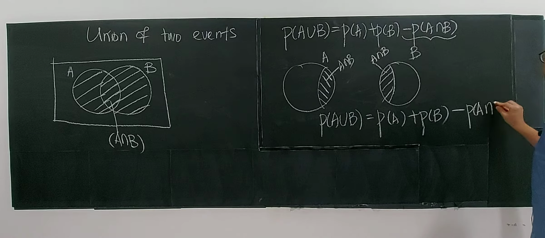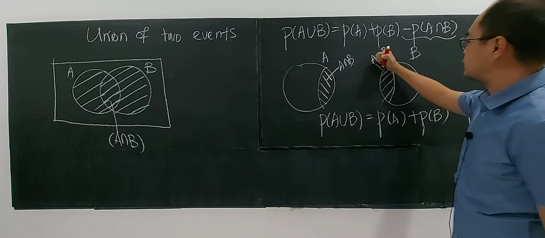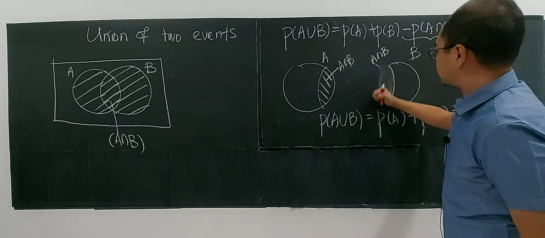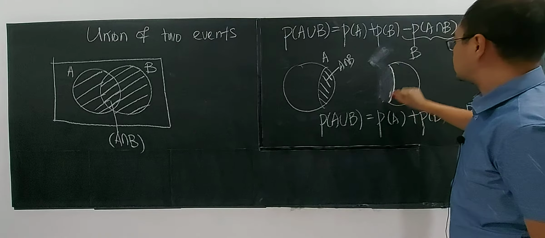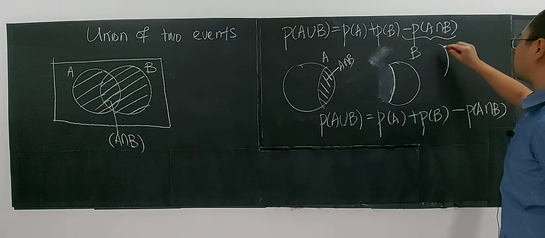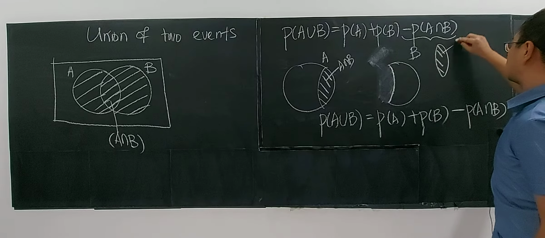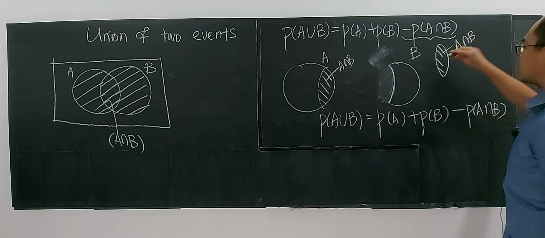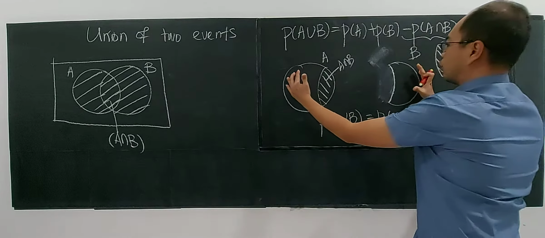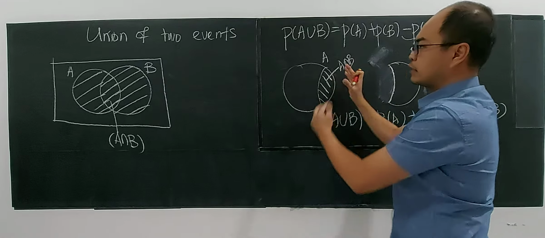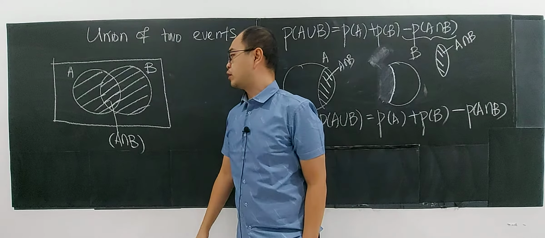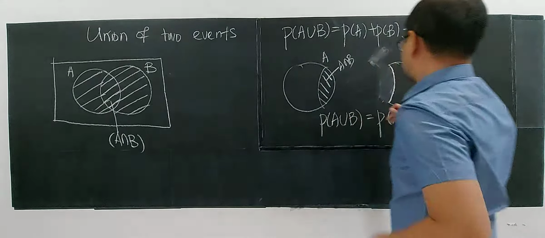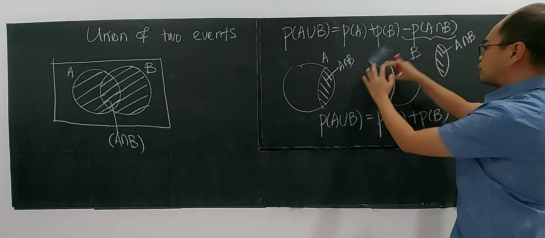When you subtract this, you've taken out one of the A intersecting B, and you join this together, then you will form A union B. So you cannot just take P(A) plus P(B).